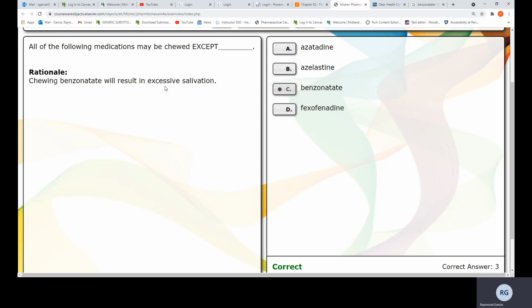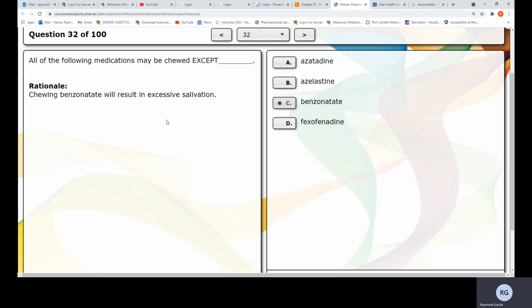It doesn't really say. Doesn't really say that it's solid. I know for a fact that we're not supposed to chew these. They're also called Tessalon Perles.